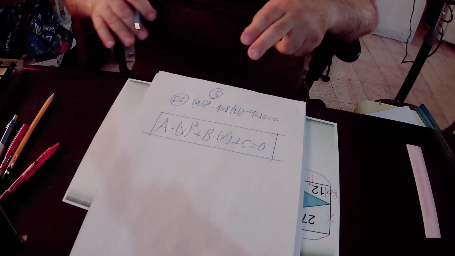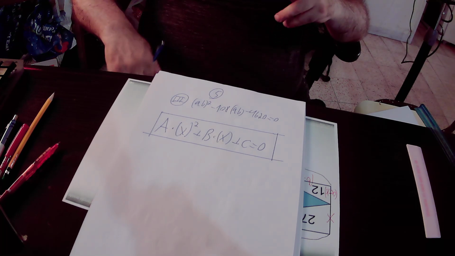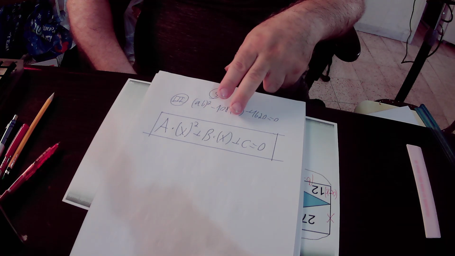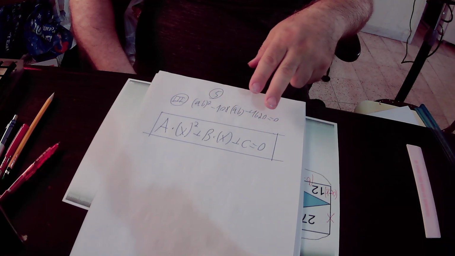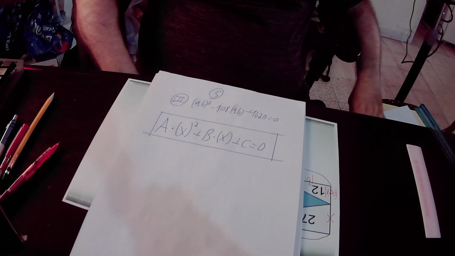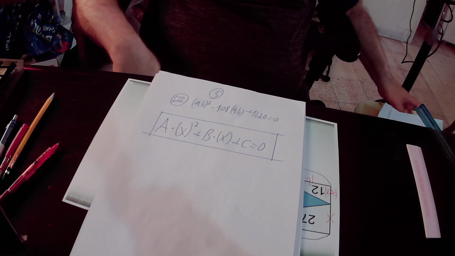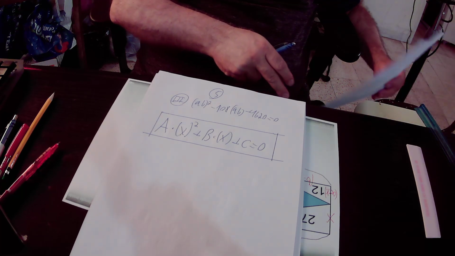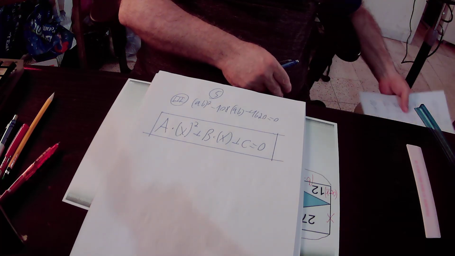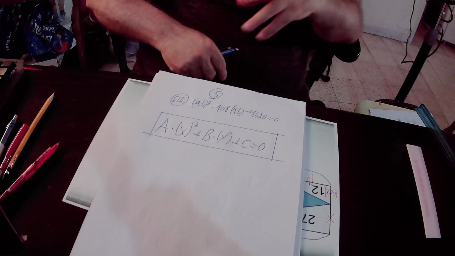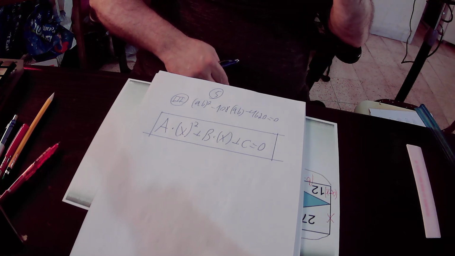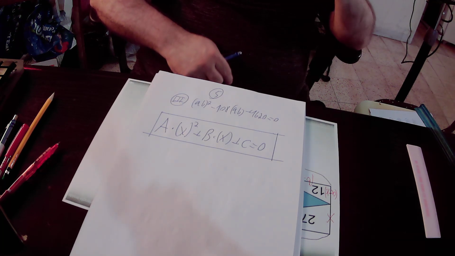This is the general formula of a quadratic equation. A, B, and C are coefficients of the quadratic equation. I repeat, A, B, and C are coefficients of the quadratic equation, and x is the variable that we are looking for.